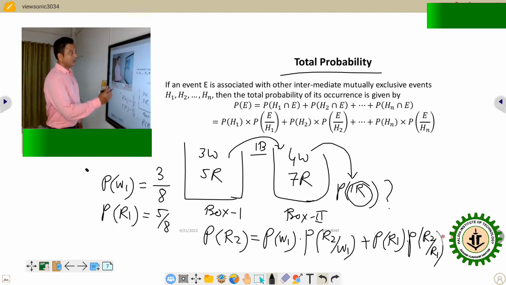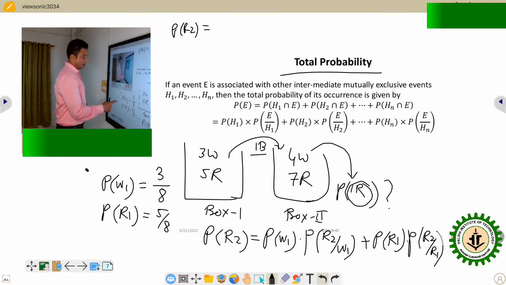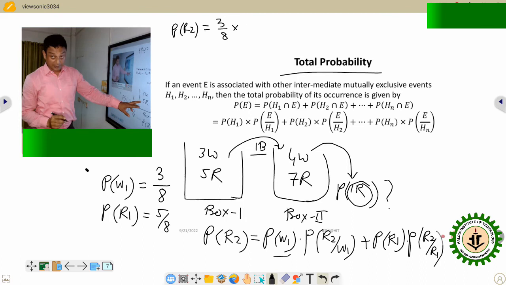If I write here, probability of R2 equals, look at this, 3 by 8. Now one white ball is transferred. You have to believe this. This is already transferred.